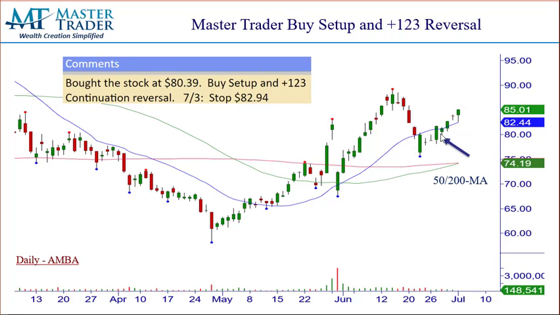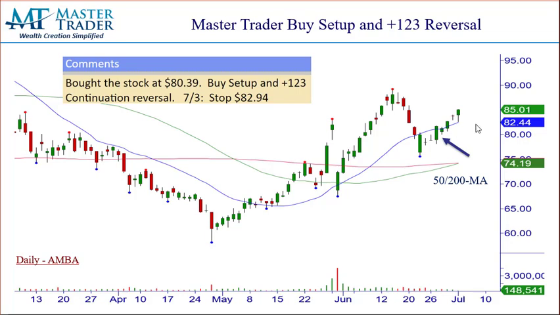The trigger here was over the high of this small little topping tail bar. And it gapped down, took out the prior low, and then triggered. So that's the day we enter. We bought it here at 80.39, buy setup in 1, 2, 3 continuation reversal.